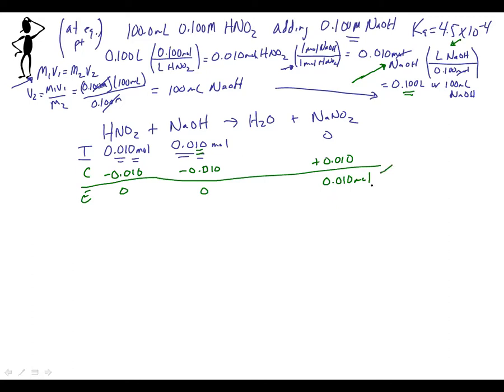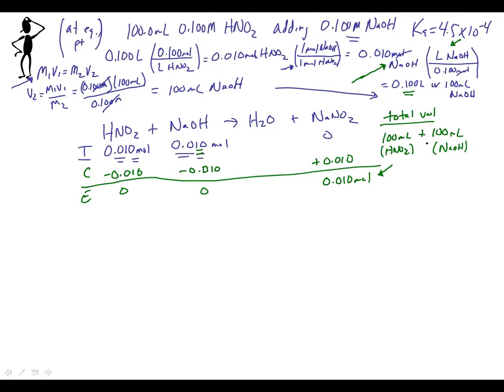Why it's important to figure out the volume to reach the equivalence point is for right here. We need to convert this back to molarity at this point, so we do need to know what the total volume is. Again, we started with 100 milliliters of our nitrous acid, and through however calculation you want to do, you figured out you needed also 100 milliliters of the sodium hydroxide.